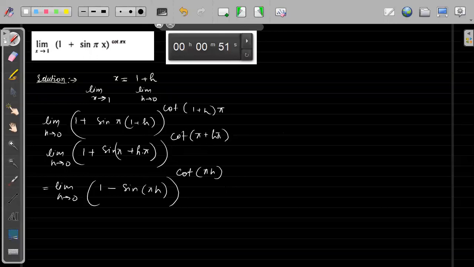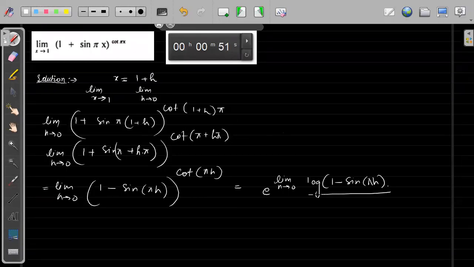Now what we can do, we can write the log form. So this will simply become e to the power limit of h tends to 0, log of 1 minus sine of pi h, into cot of pi h, right?